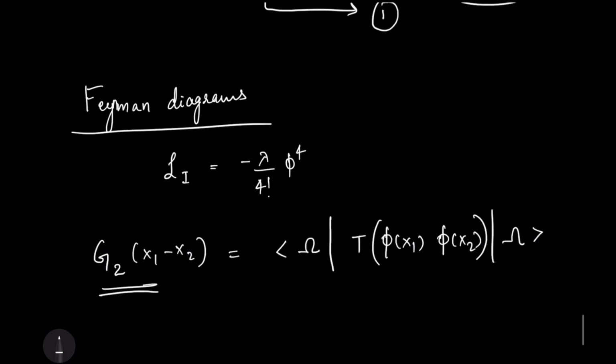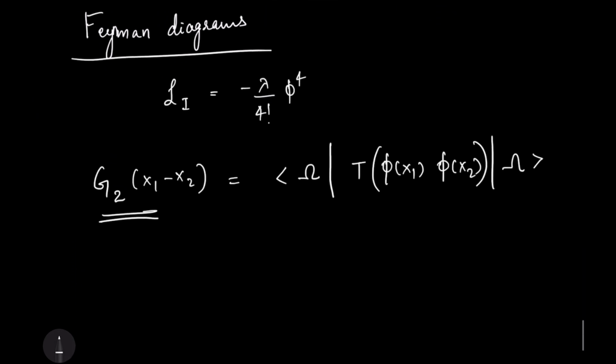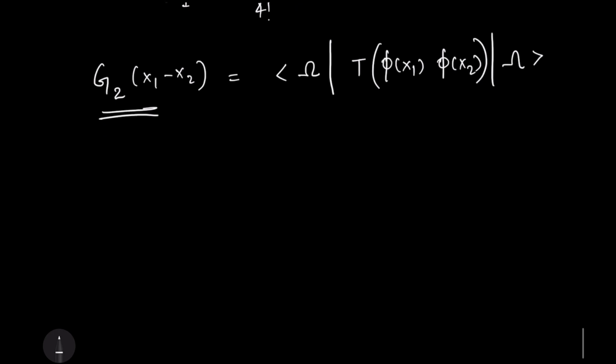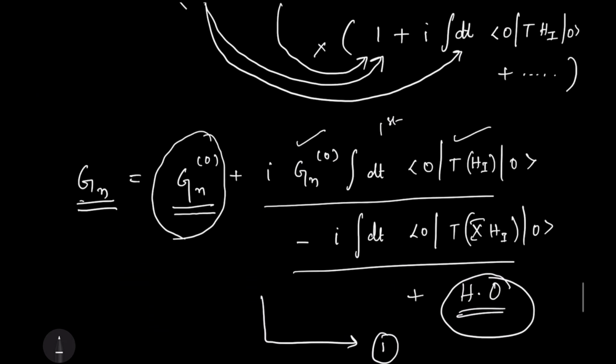Now I have to plug in equation number 1 here. So I will get this equal to G_F^0(x1 minus x2), because 2-point correlation functions are Feynman functions, so I can write G_F directly, plus i G_F^0(x1 minus x2) integral d4x. I am plugging in this equation.